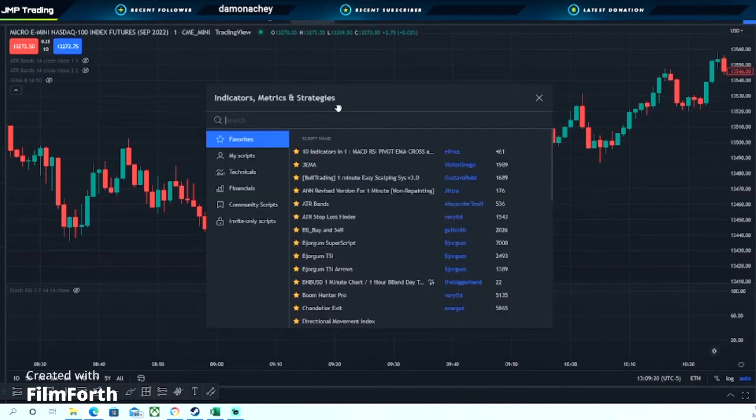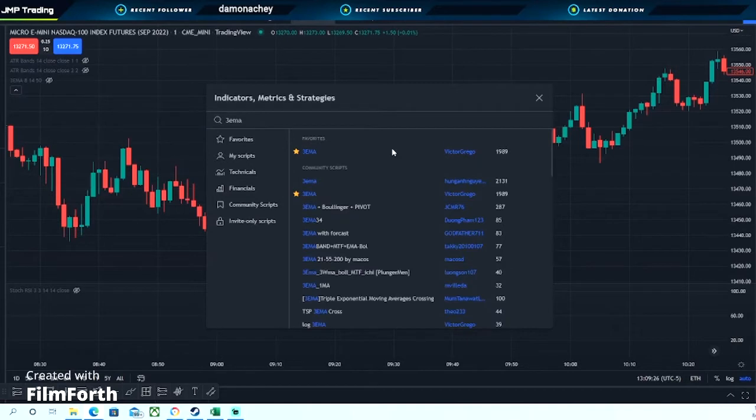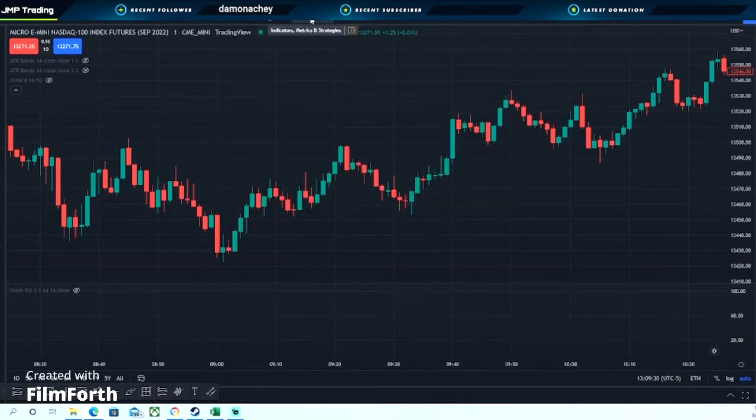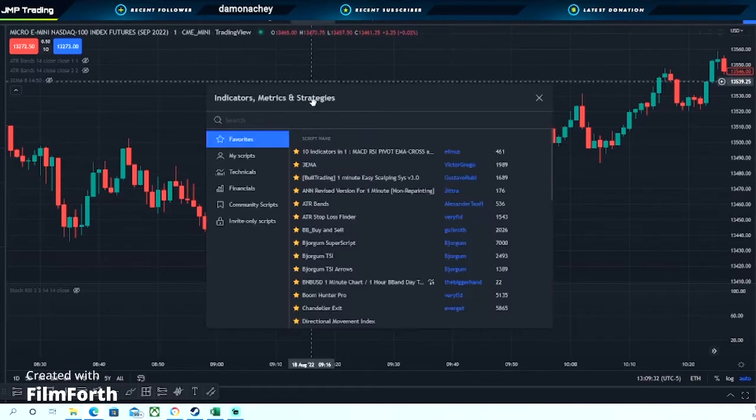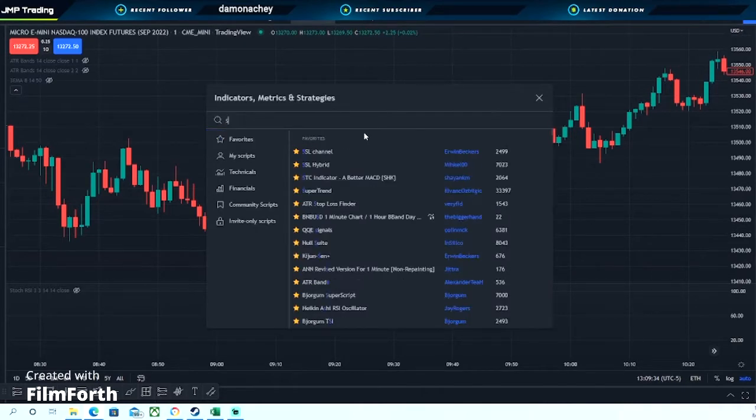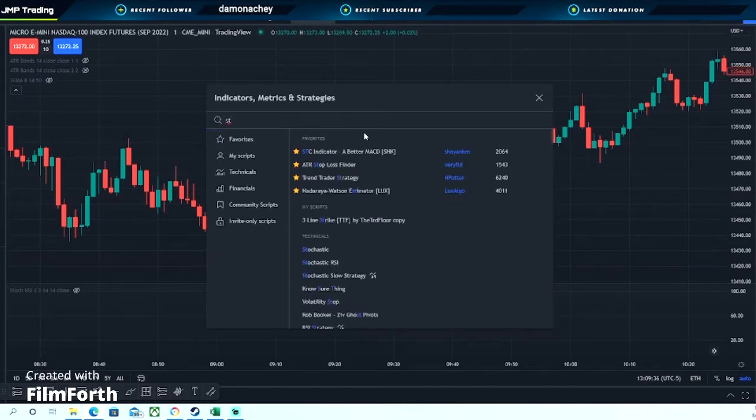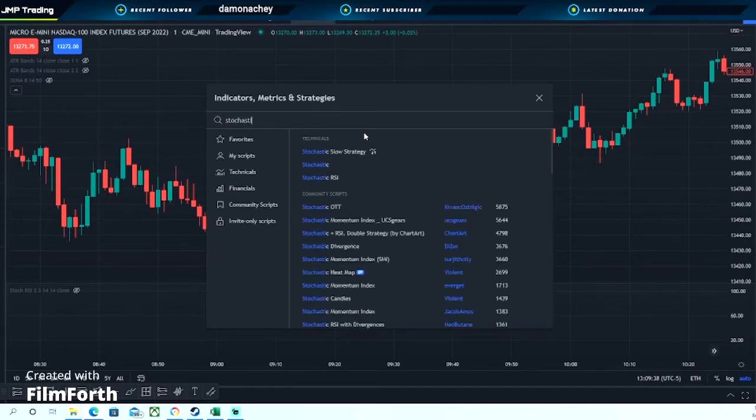The next indicator is going to be 3 EMA by Victor Grego. And then the last indicator we're going to need is the stochastic RSI. It's just this one right here.